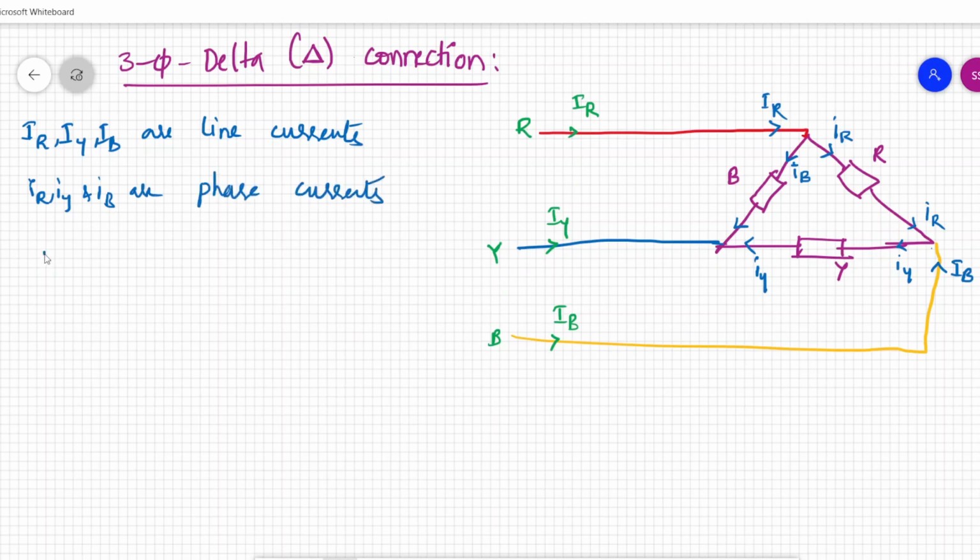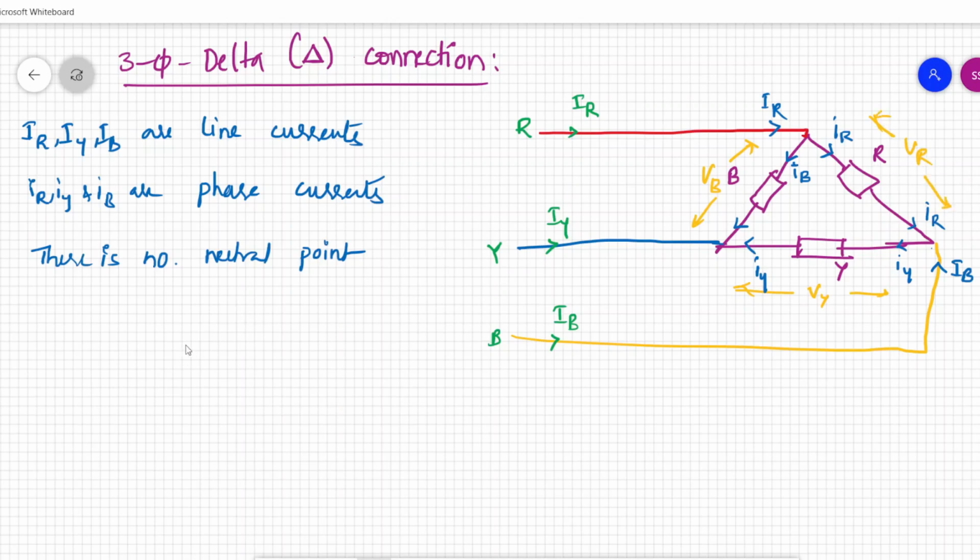So here there is no neutral point. Okay, so here the voltage across this B phase is VB, and voltage across this Y phase is VY. Similarly, voltage across this R phase is VR.